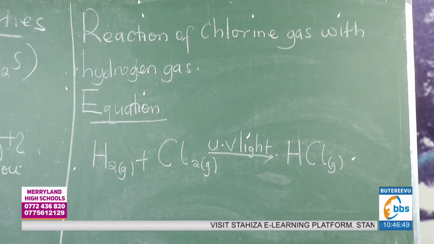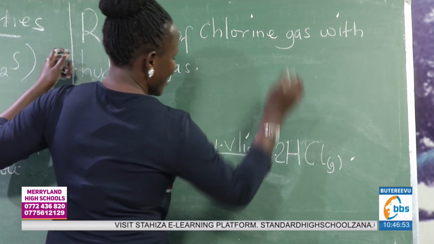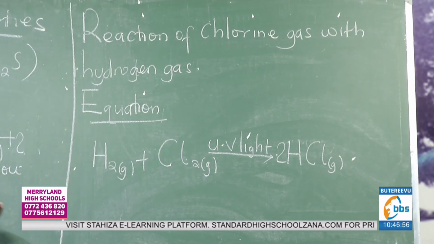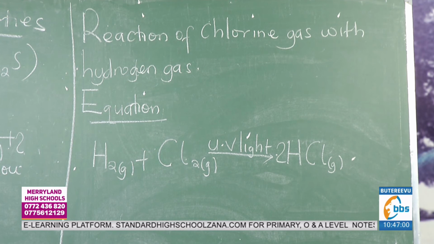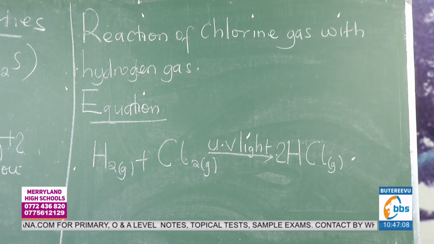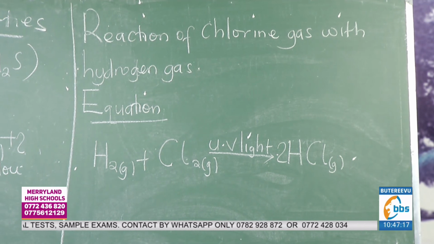Please balance the equation, and that's how you'll balance it. And that is what really takes place. Those come out as white fumes, that is, or misty fumes. That is our HCl gas. Okay? So we are left with one equation.